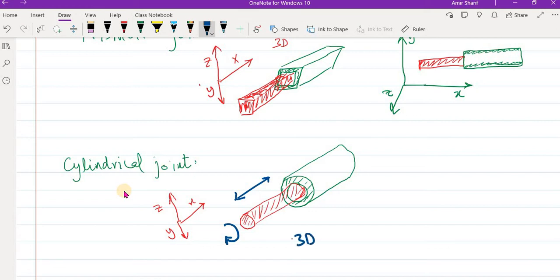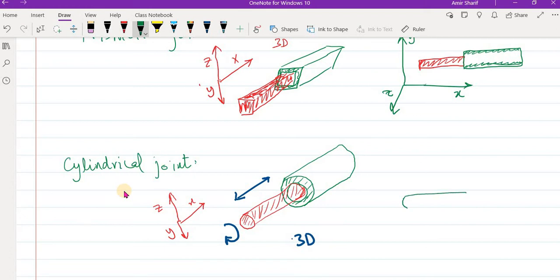It cannot move along the z-axis or y-axis, and also there is no rotation about these two axes. So it should have 4 constraints in 3D.